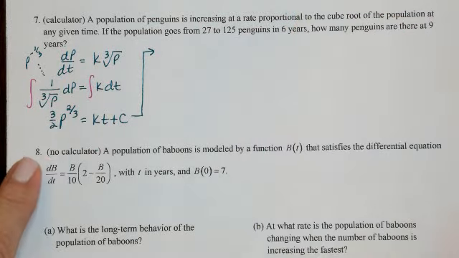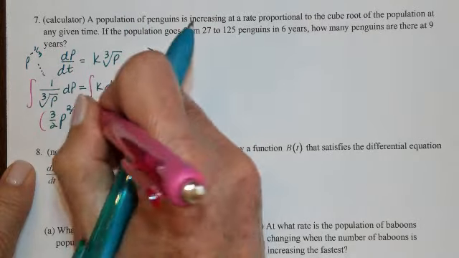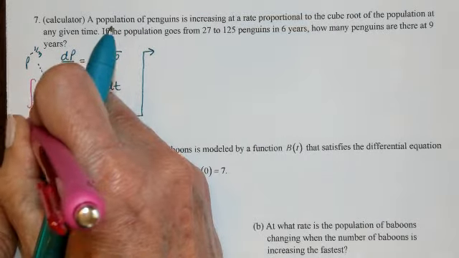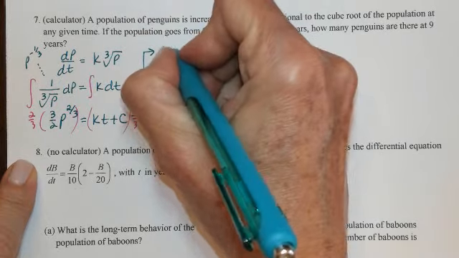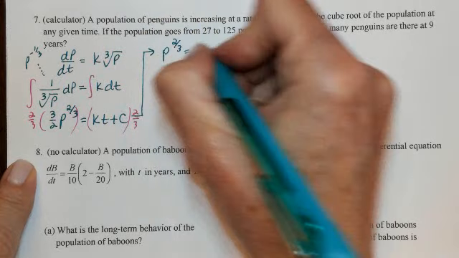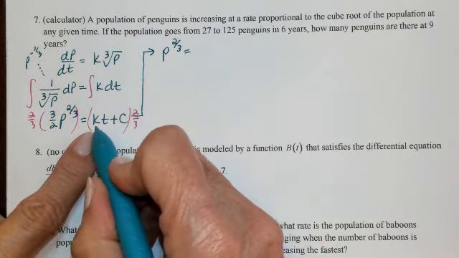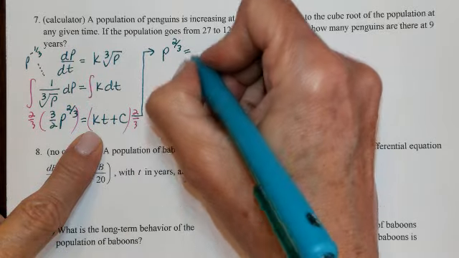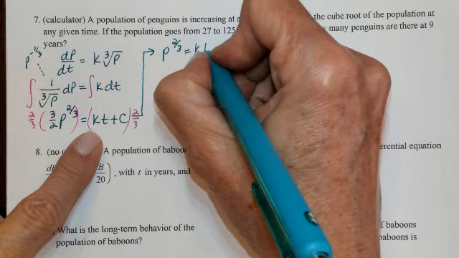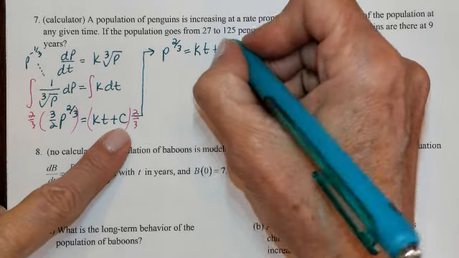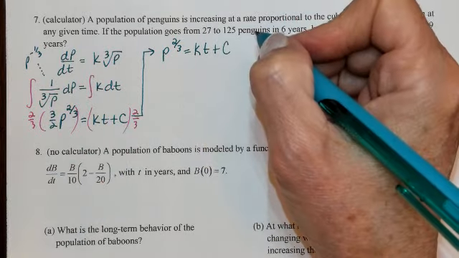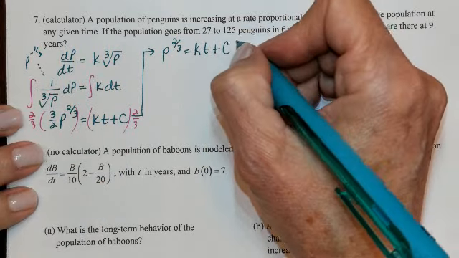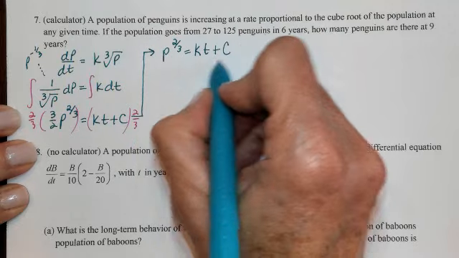When I multiply both sides by 2/3, I get p to the 2/3 is equal to 2/3 times k, which is a constant, so that's still just another constant, times t plus c times 2/3, so just another constant there. And this is my general equation.